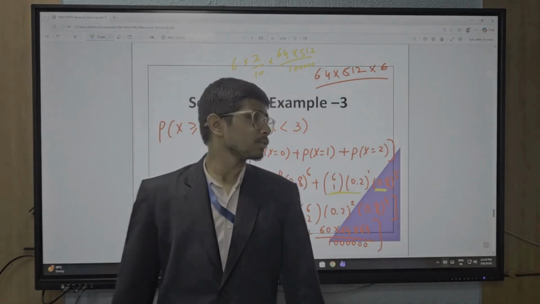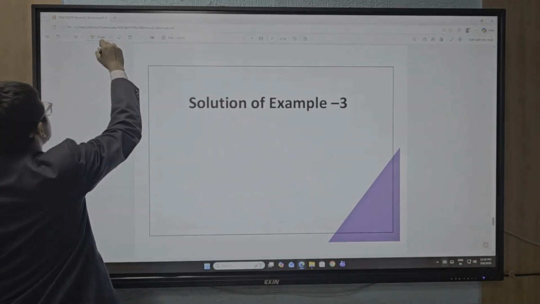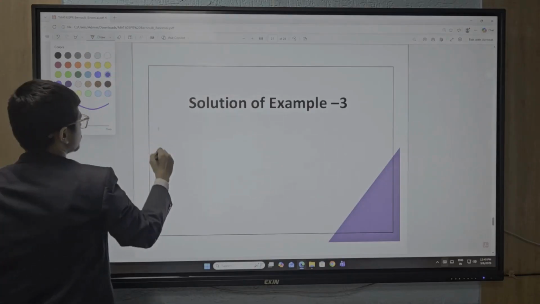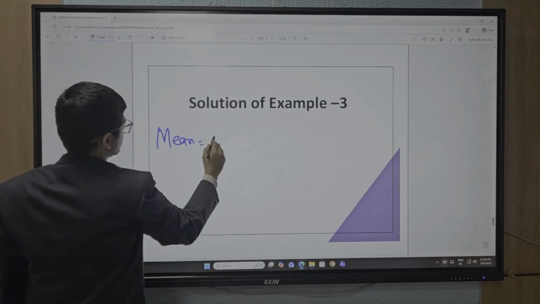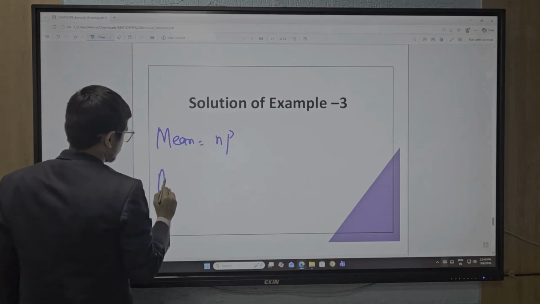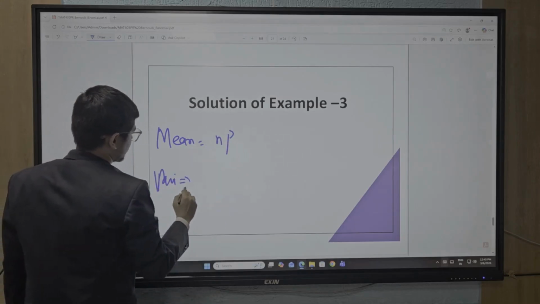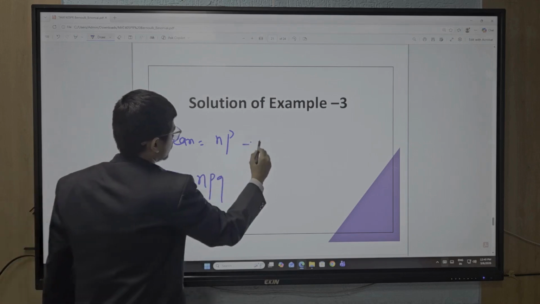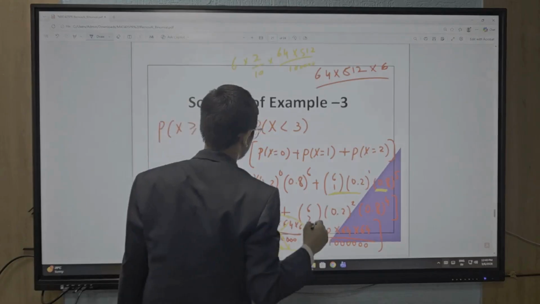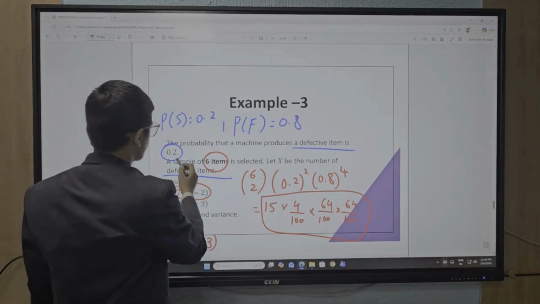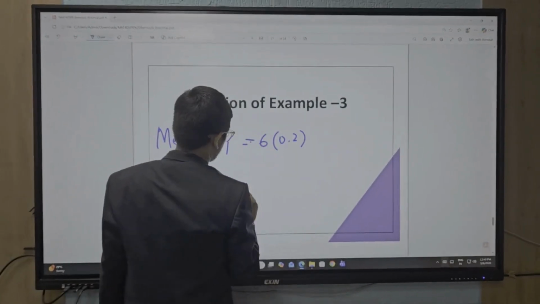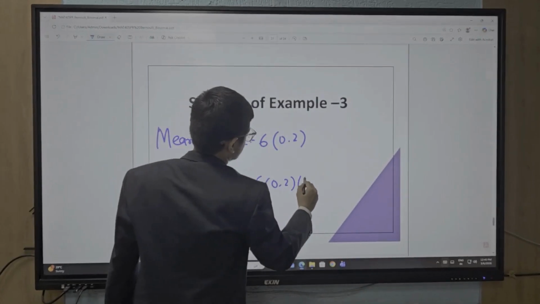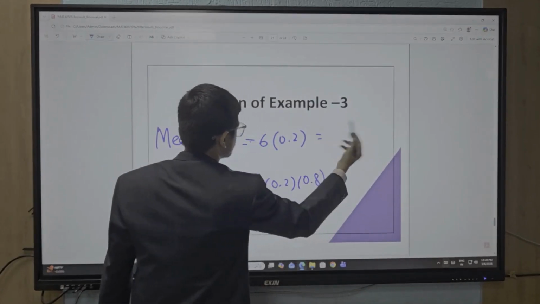So now, what is the mean and variance? Mean equal to np and variance equal to npq. So 6 into probability 0.2, so now you can consider this also, and you get this answer.